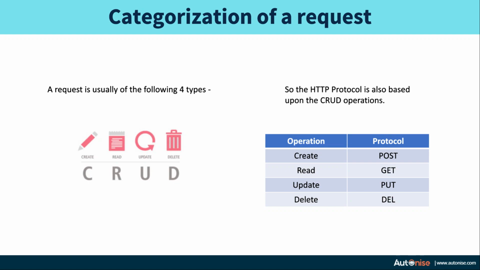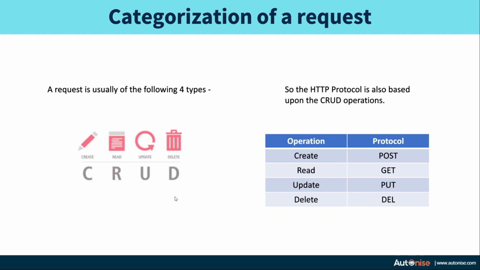For example, if you want to read or fetch a website, that comes inside read. Let's say you want to create a post on Facebook, that comes inside create. Let's say you want to edit your already existing post, that comes inside update. And if you want to delete your post, then it comes inside delete.